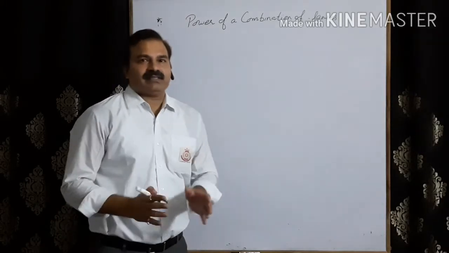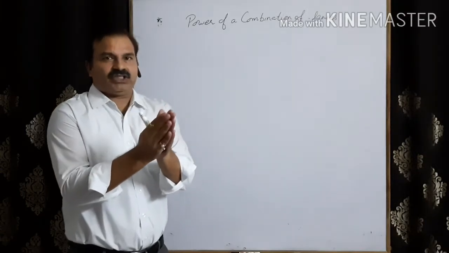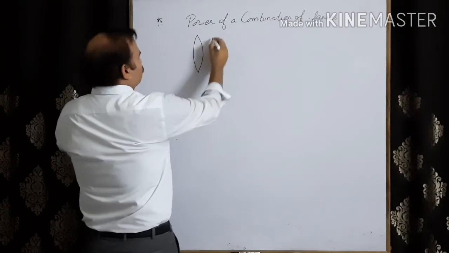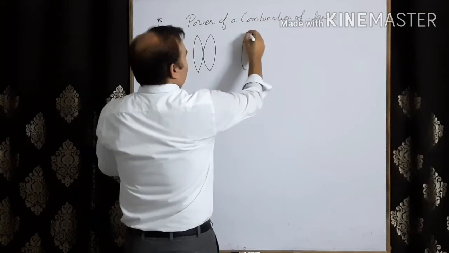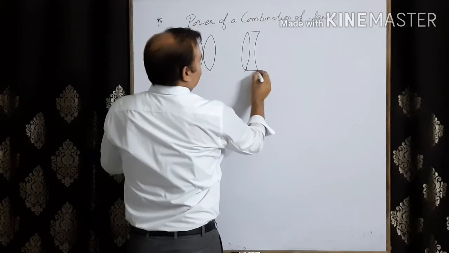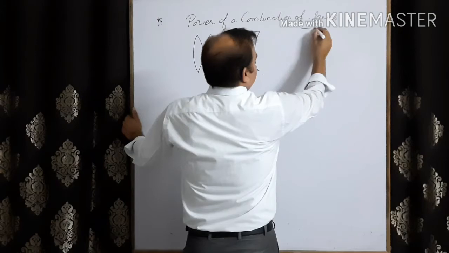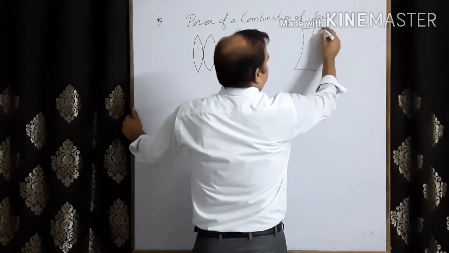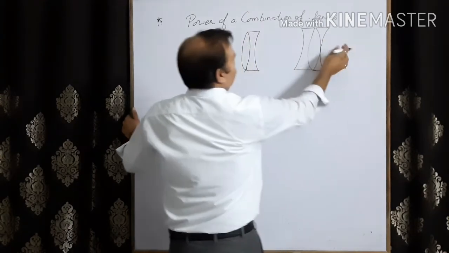Suppose two lenses are combined together, put one after the other with touching surfaces. These may be two convex lenses, or maybe one convex and another concave, or maybe two concave lenses. They are put like this. These are basically two concave lenses, fine.